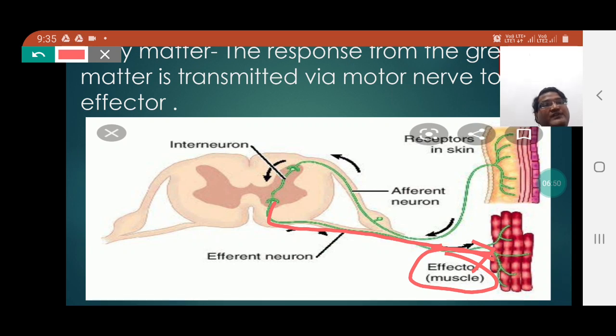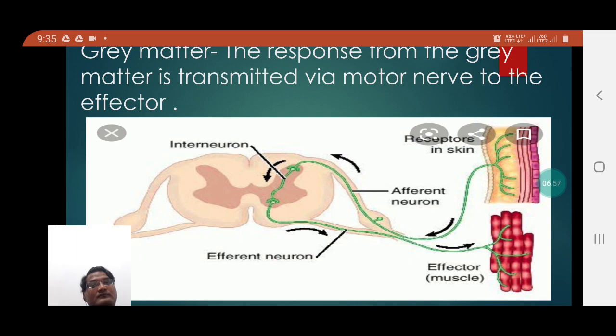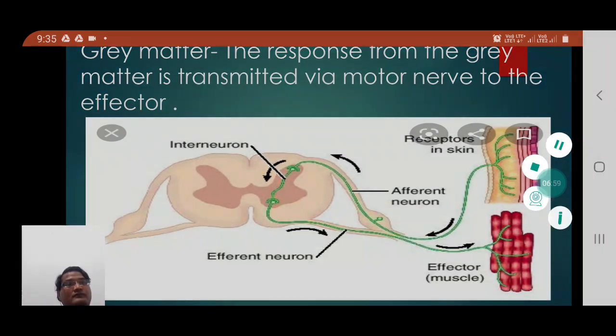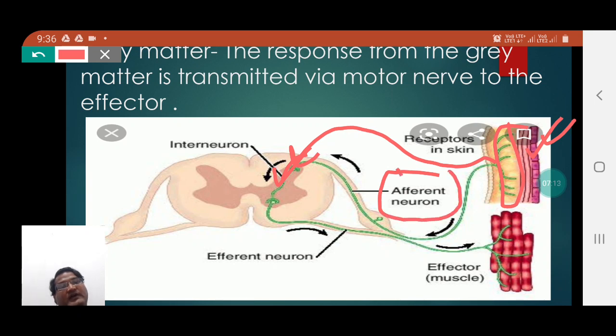So students, the point to understand here is that the sensory nerves present in the skin will carry the information to the white matter and thereafter to the grey matter by the afferent nerve, and this afferent nerve is the sensory nerve.